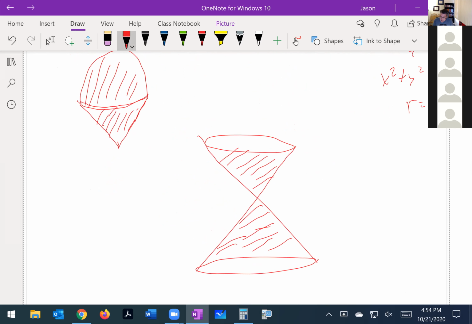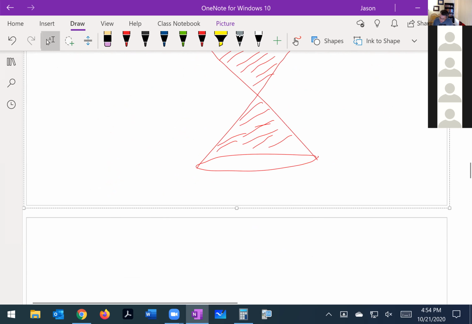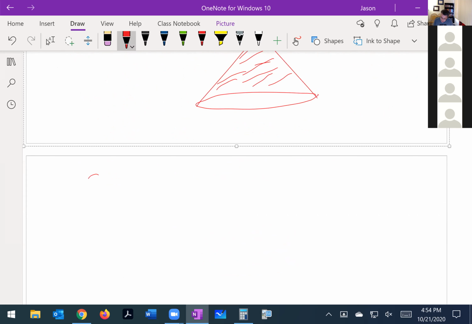Okay, so we have this entire ice cream cone. Now, how do we find volume? Well, we can use the triple integral. And then what's our function going to be? Our function is going to be 1 to find the volume.